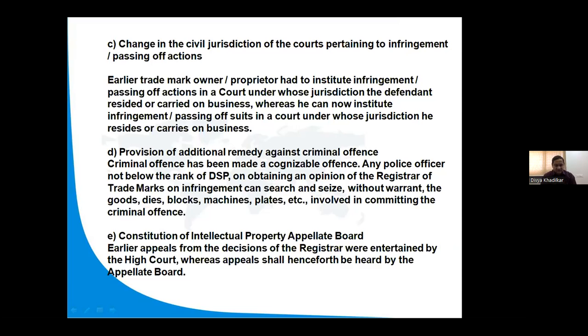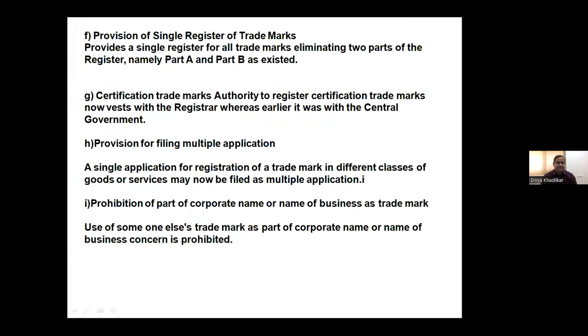Since these are slightly older slides, this year under the Tribunal Reforms Act the Intellectual Property Appellate Board has been abolished, and any order passed by the Registrar of Trademarks or Controller of Patents and Designs has to go to the respective High Court where the office of the Controller General is situated, because there is no appellate authority in existence as of now. Next slide, please.